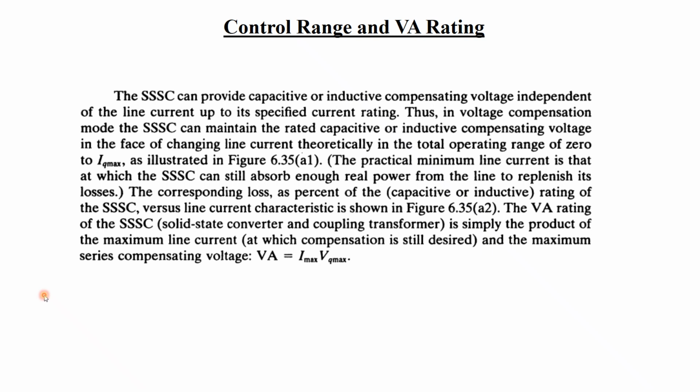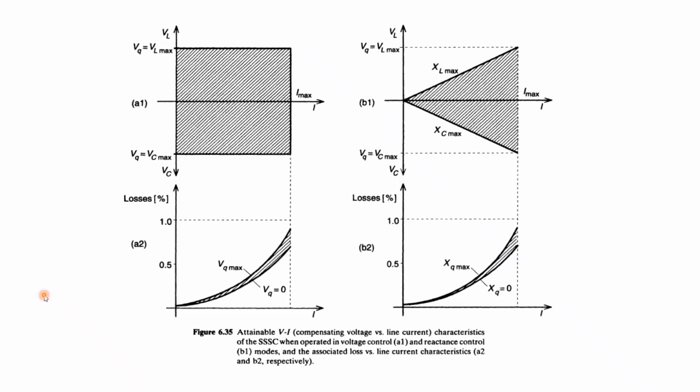So from here we can see in this particular diagram, figure 6.535A1, the voltage compensation mode of the SSC can maintain the rated capacitive or inductive compensating voltage in the phase of changing line current in the total operating range of 0 to maximum IQ.